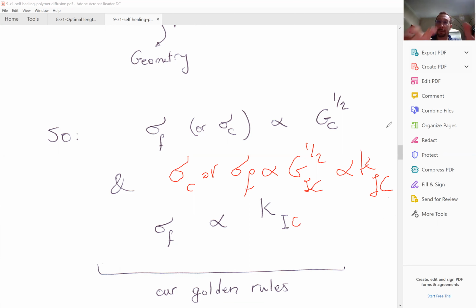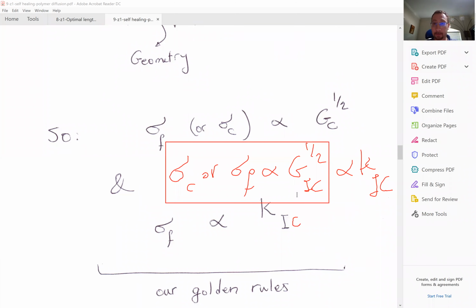With these things in mind, now we are ready with the understanding that hopefully you developed and reinforced between these two: the stress that it requires to advance a crack, and the energy. This is the critical energy per unit area, which we call the critical energy release rate. Let me write it down here.